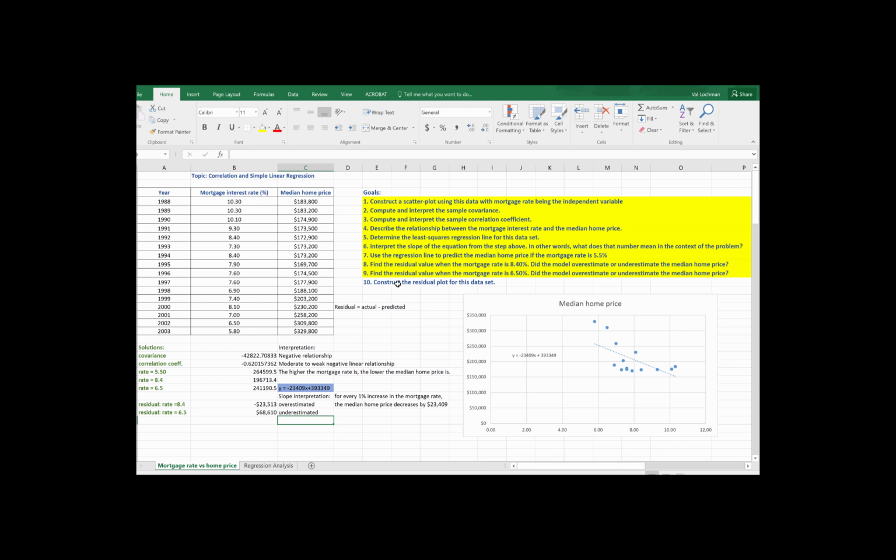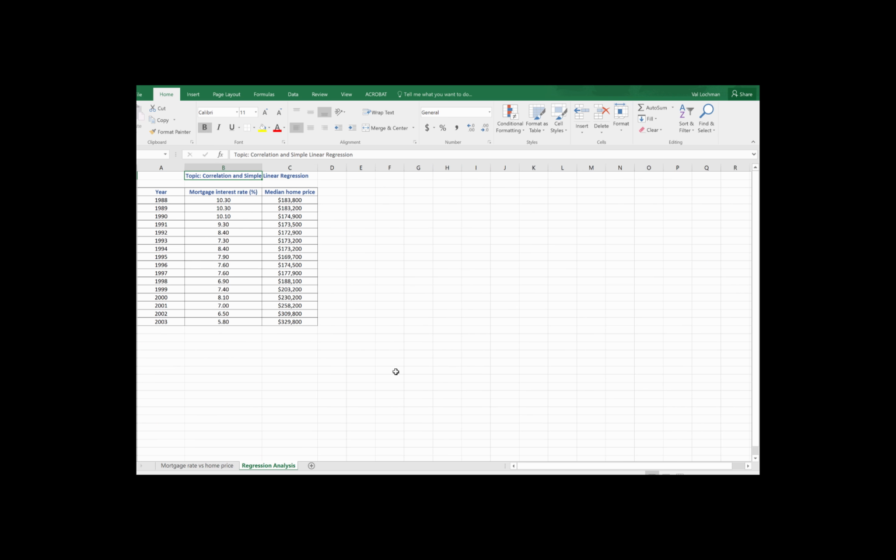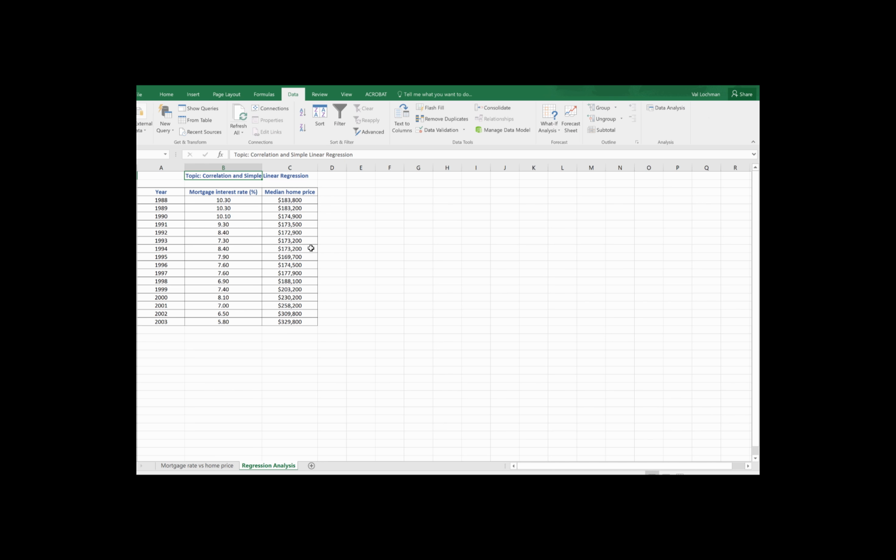And now let's go ahead and construct the residual plot for this data and answer all these other questions 1 through 9 by really quick command. So let me go switch to this tab right here so we don't have our data sets overlapping. And what I'm going to do now is the following. I'm going to go to data analysis, and we need to go to regression.